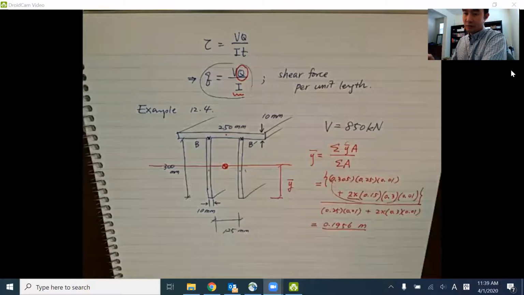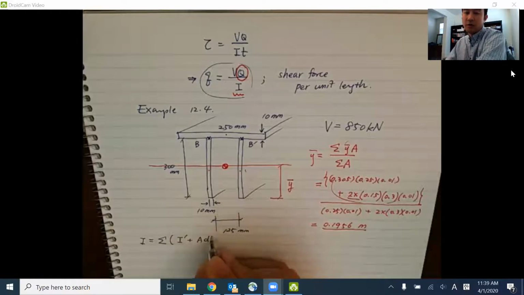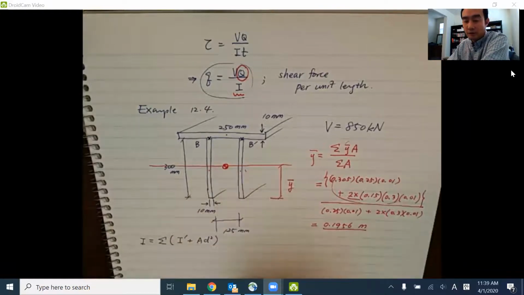Okay, so for the moment of inertia, I'm going to use a blue pen. The moment of inertia I we can calculate as the summation of I prime plus A d squared using the parallel axis theorem, right?